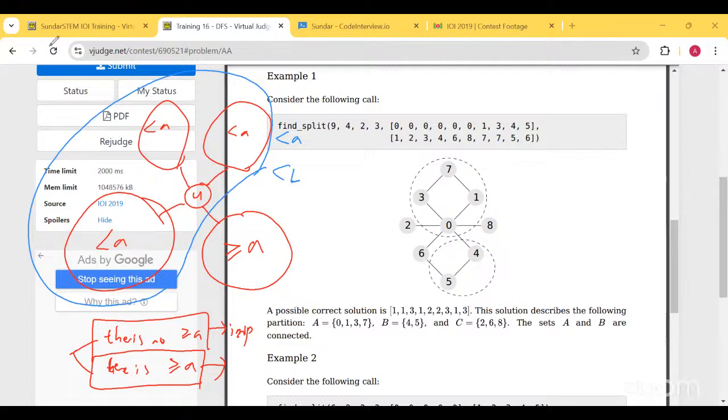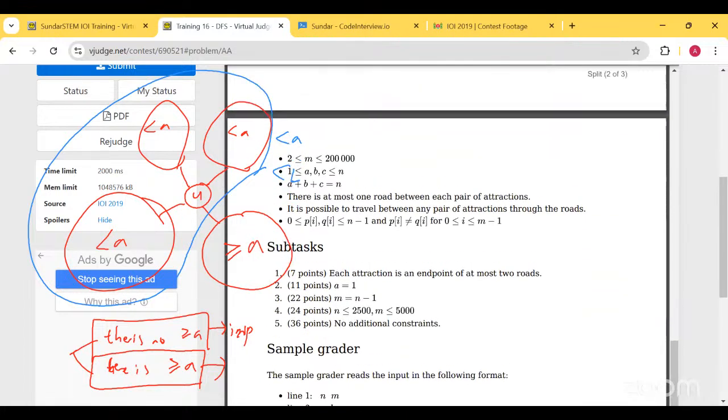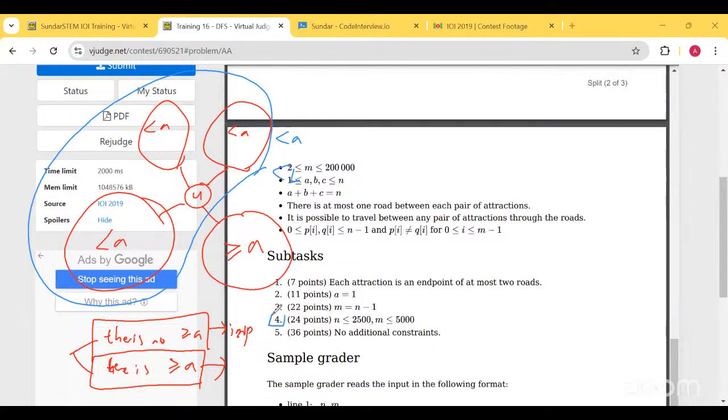All right. So now can we solve this subtask after we got this observation? Yes. So just try for all nodes, and then just find the connected component for another node, and then check whether there is a component that is greater than or equal to a, and the other is greater than or equal to a as well.